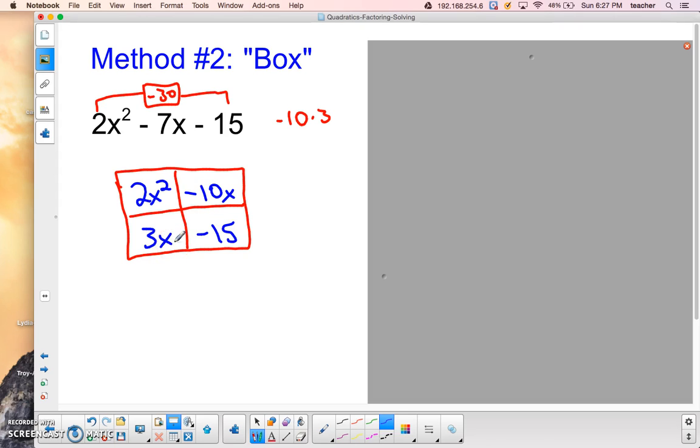Here's the rule. GCF every row and column in this problem, in this box. So if we look at the first row here, our GCF is 2x. And if we look at the second row, our GCF is a positive 3. And we're going to use the positive. If we look at this first column, our GCF is just x in common.